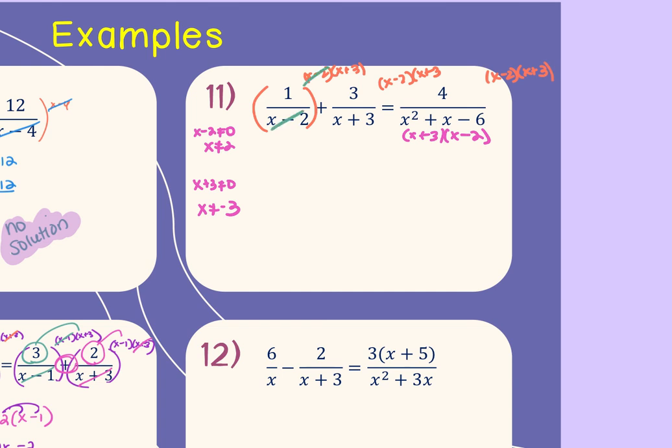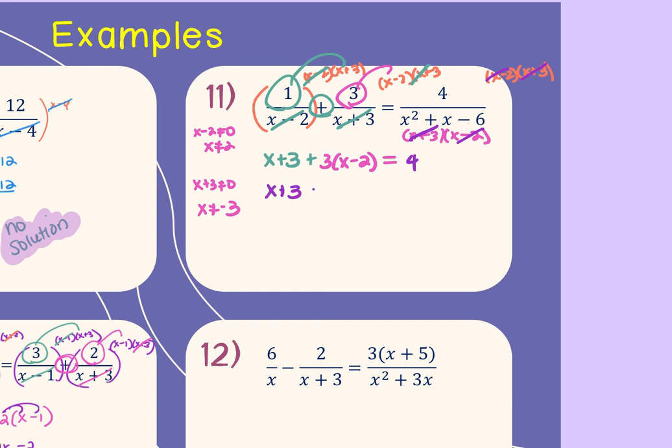The x minus 2's cancel here. I get 1 times x plus 3, which is x plus 3. The plus from in between. X plus 3's cancel, and I get 3 times x minus 2. And then both x plus 3 and x minus 2 cancel, so it's just 4 on the other side of the equal sign.